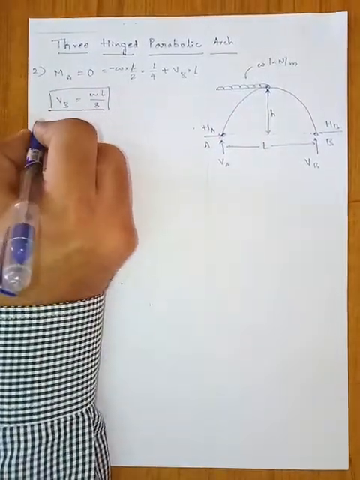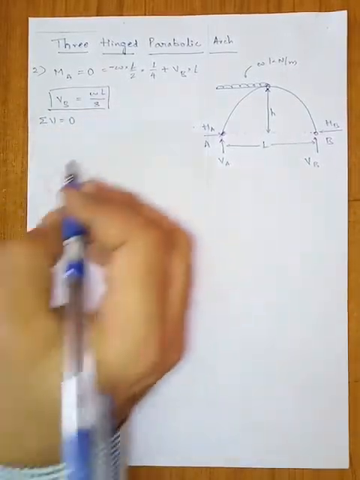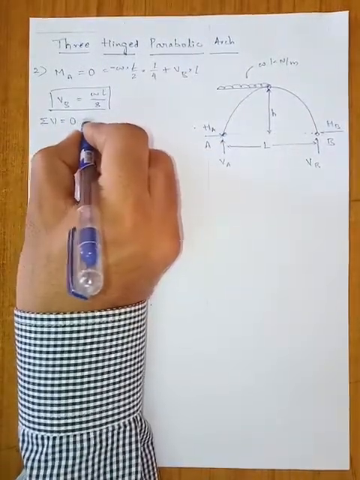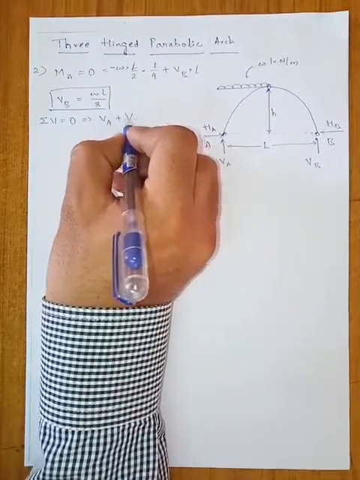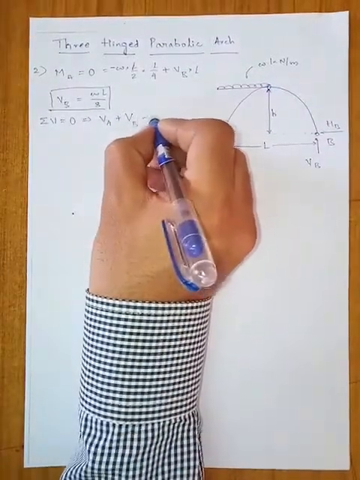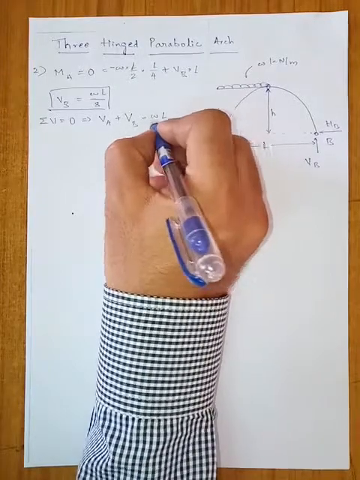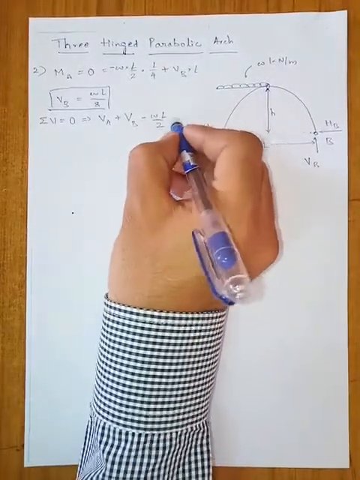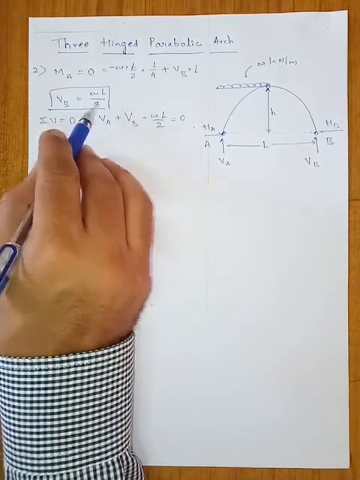Now we will apply another equilibrium equation, summation V is equal to 0, to find out VA. So what are all the forces? Upward, positive, VA and VB. What is the load? W into L by 2, the length is only L by 2, is equal to 0. We know VB, substitute VB is equal to WL by 8.